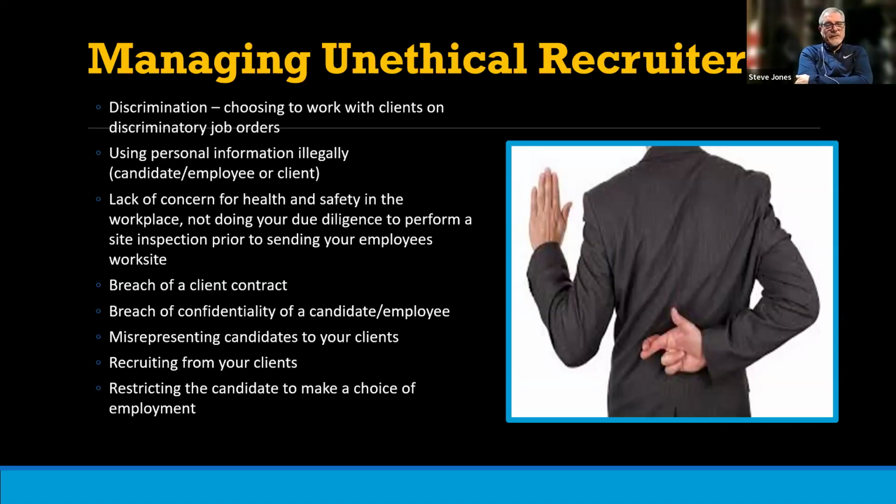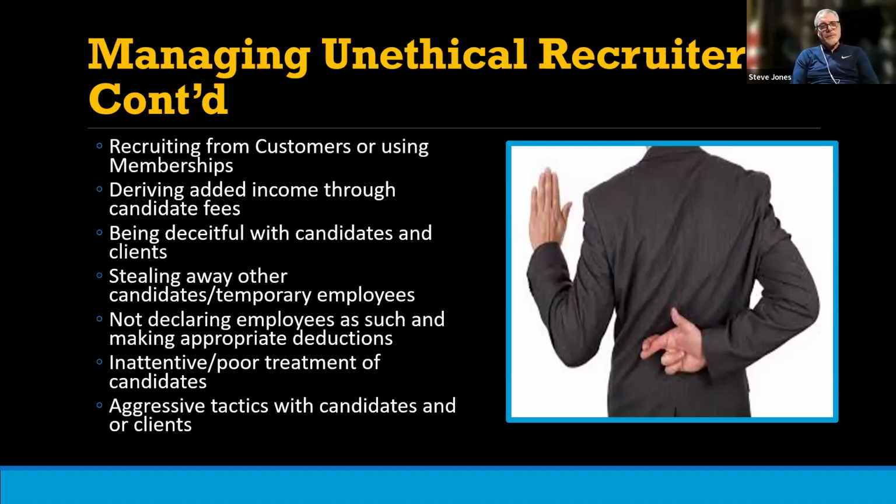Breach of confidentiality of candidates, misrepresenting candidates to your clients, recruiting from your clients, restricting the candidates' choice of employment and causing them to have fear so they can't make choices about where they can work. These are all things that we can manage inside our own business.